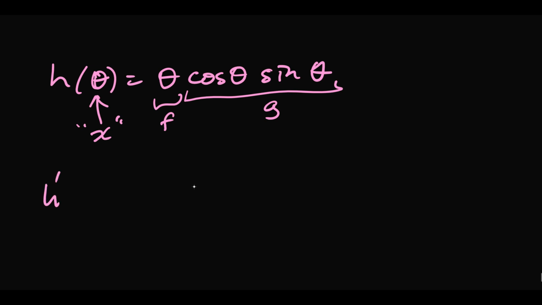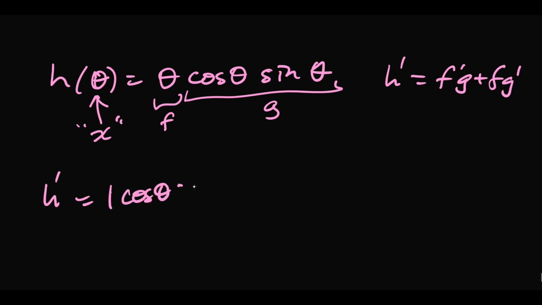So h prime will be f prime g plus f g prime. So h prime will be f prime, derivative of theta will just be 1, just like the derivative of x is 1. So I have 1, and then cosine theta sine theta, plus theta, and now the derivative of g is itself a product. So it's fg.